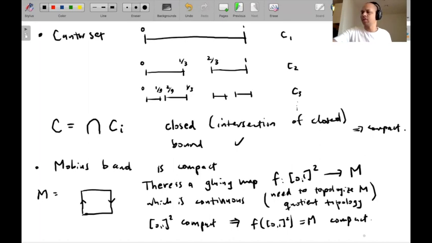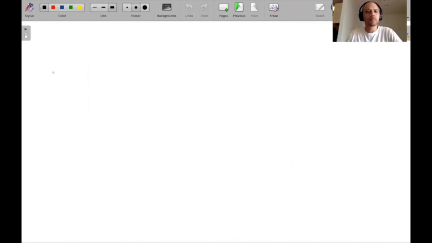All right, there's one other topic I want to start today very briefly, which is connectedness. So for now, we're done talking about compactness, although it'll come up later. Again, as a tool, we'll want to use it. So connectedness.